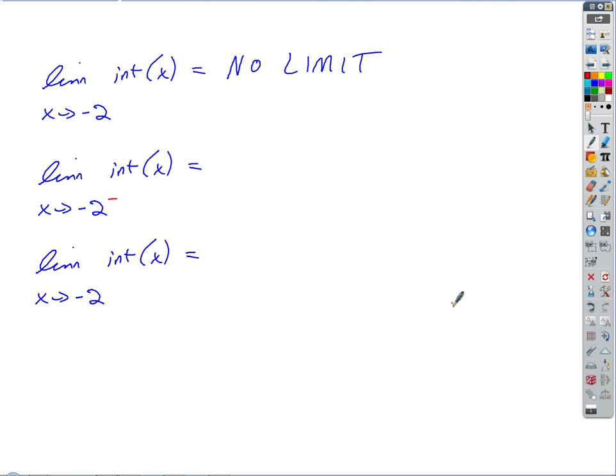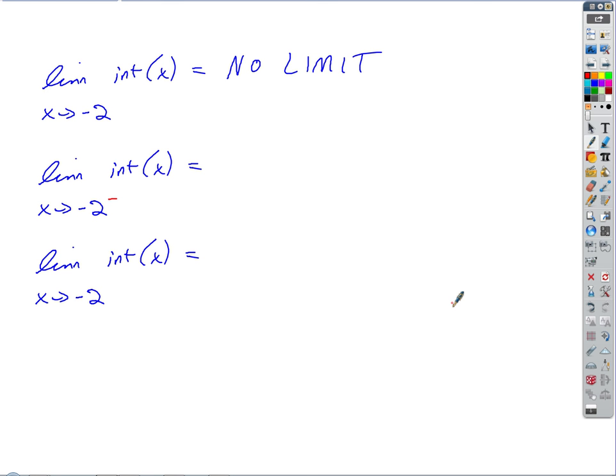Wait, is that from the right? That's from the left, from the negative direction. So is it -2? Would either of them be -2? Negative 3. I don't know. Because remember what the greatest integer function, or floor function, does. It's the greatest integer that is less than or equal to the input.